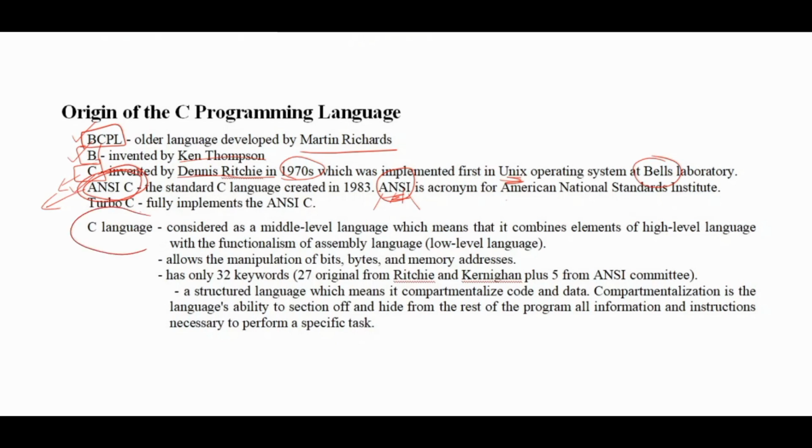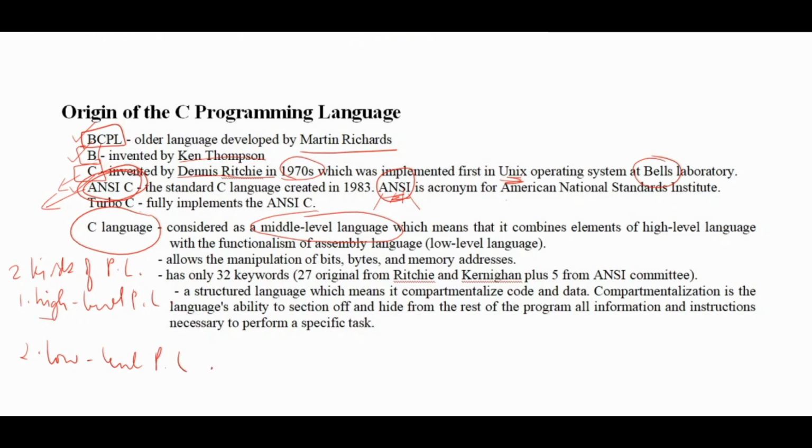Now, particularly, the C programming language is considered a middle-level language. Remember that we have two kinds of programming languages, right? We have discussed that before. The first is the high-level programming language, and the second is the low-level programming language.